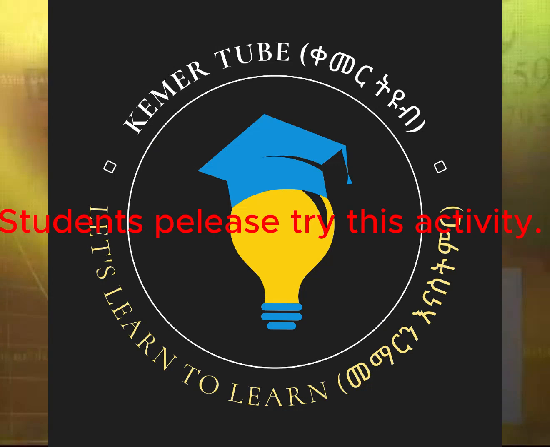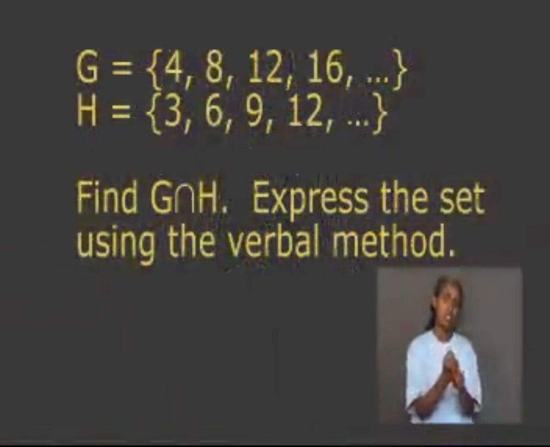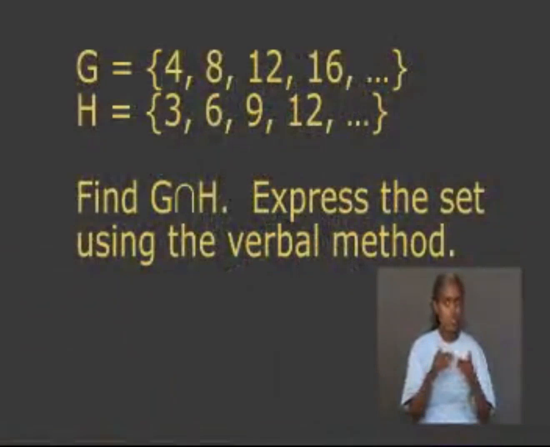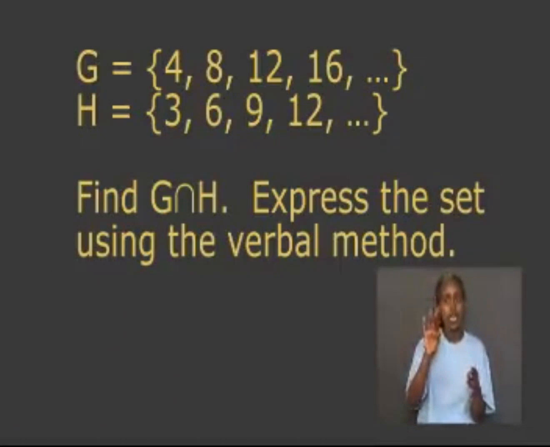Students, please try this activity. Let G be the set containing 4, 8, 12, 16, and so on. H is the set containing 3, 6, 9, 12, and so on.